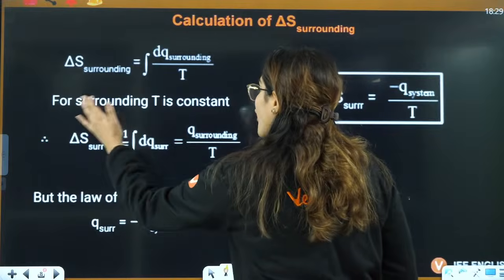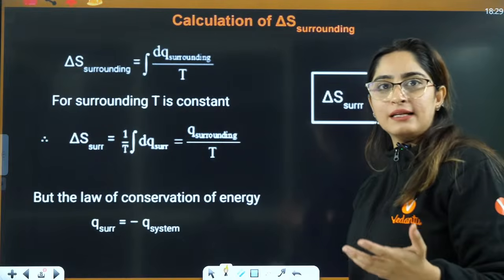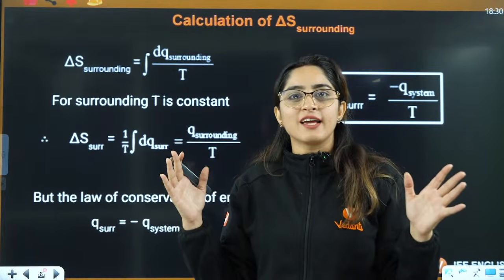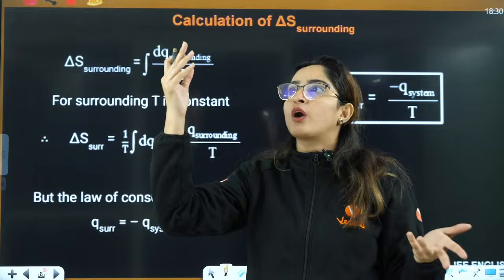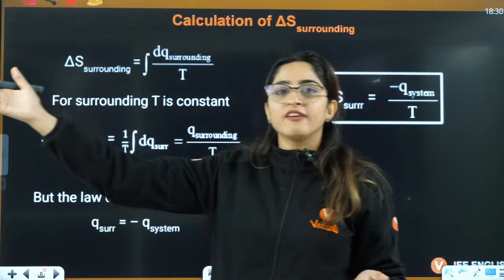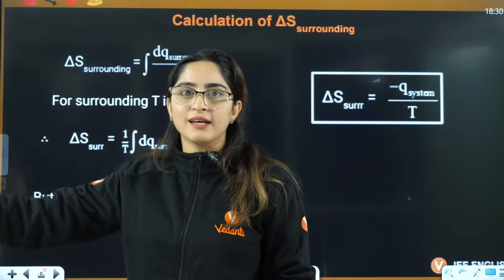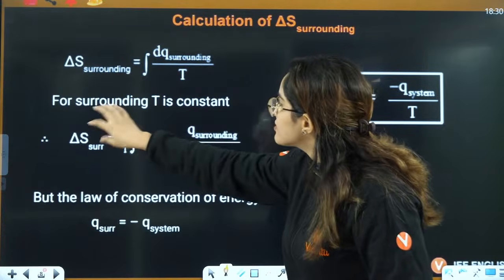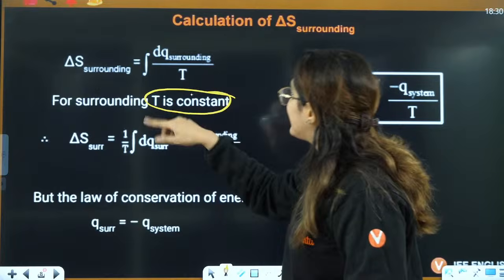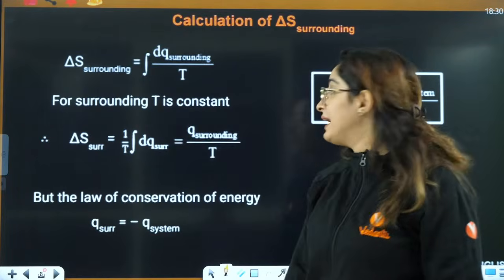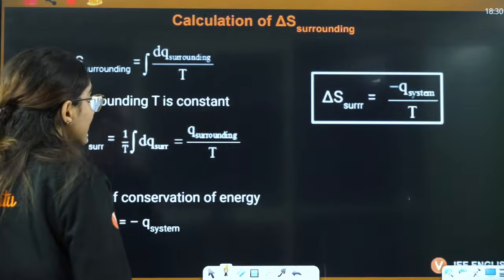So if you see, for surrounding, T is constant, right? Temperature is not changing here. For the ocean, you give it a little bit of water, the ocean will be like, my weight will not change, buddy. It is the same only, right? So you can say for surrounding, T is constant. If you say the heat, is dq changing?